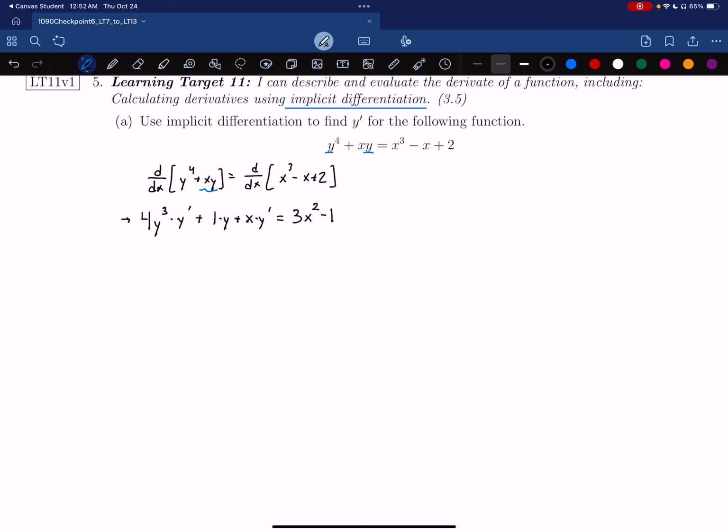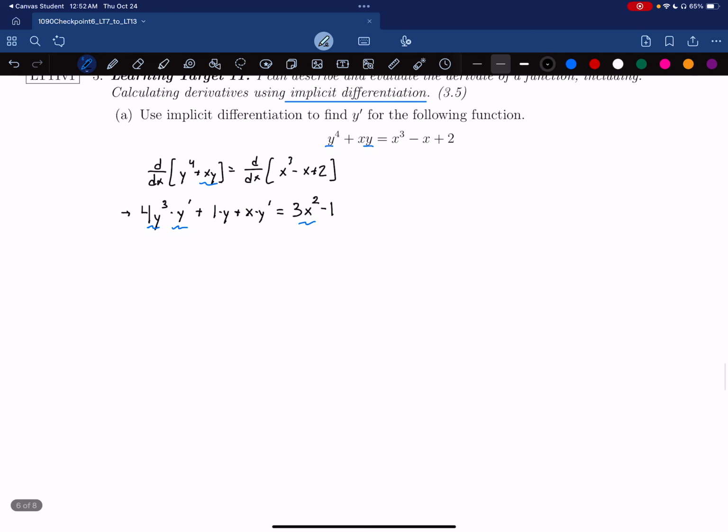All right, so now I have terms with y prime, and with x. We need to recognize here that we're trying to find y prime. Y prime is equal to dy/dx, so either one of those is an appropriate way to write it.